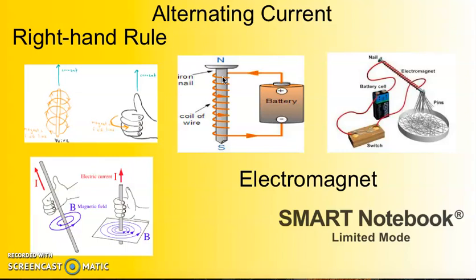If you put some kind of conductive metal in there, like a nail, it actually makes the nail magnetic. You can see this depiction here. You've got basically the same setup, except this nail is now magnetic when you put a current through it.